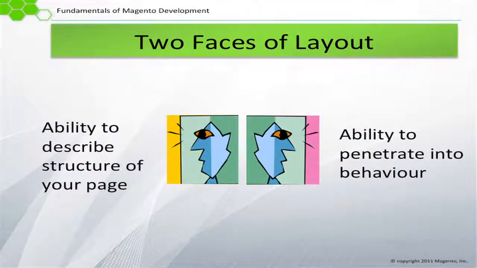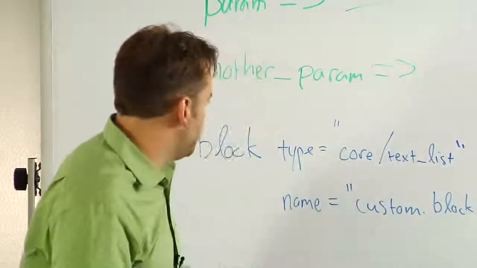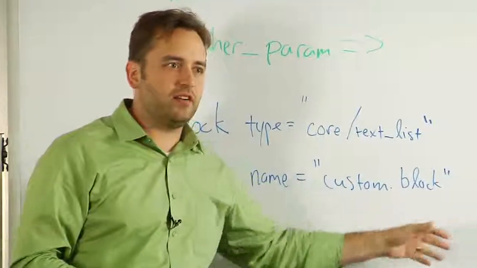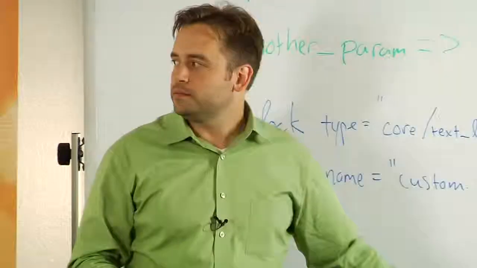All right? So you have your outside template, and then inside more templates, some of which contain other templates, etc. When you're thinking about Layout XML, just understand that it has two facets. On the one hand, it describes the structure of your page. So, for example, you'll have a block, and then maybe you'll have blocks inside there, and you can start to understand the hierarchy.